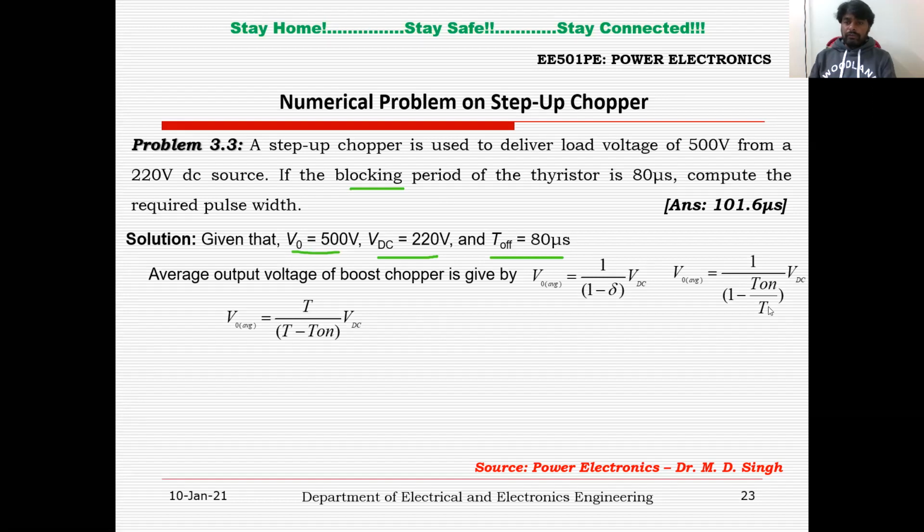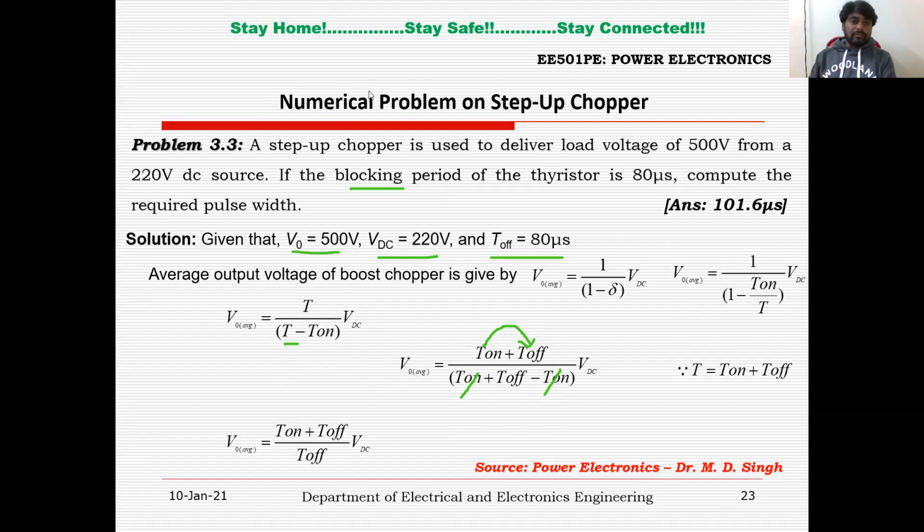So if you take T common, it will be T by T minus T on into VDC, right? And we know T is the summation of on time period and off time period. So here you can see T on plus T off. Here also I can substitute T on plus T off minus T on. T on minus T on will get cancelled. It will be the average output voltage is T on plus T off by T off into VDC.